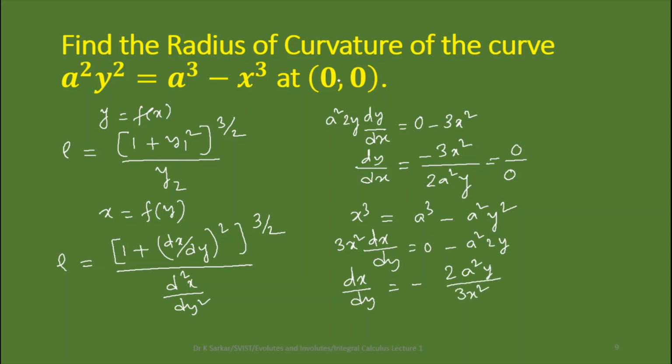Put x equals 0 and y equals 0 here, then again we are getting 0 by 0 form, which is indeterminate. Therefore, we cannot find the radius of curvature for this curve also. If we change this point from (0, 0) to (a, 0), then it may be possible to find. Let's see.